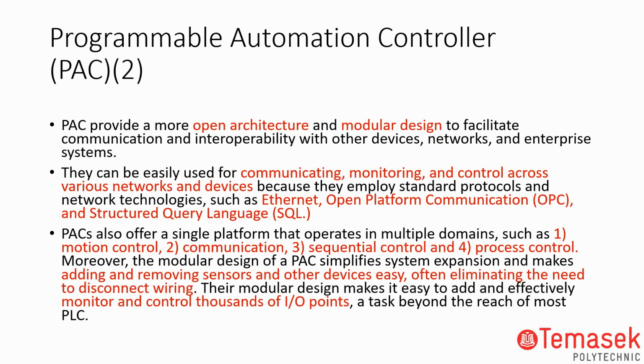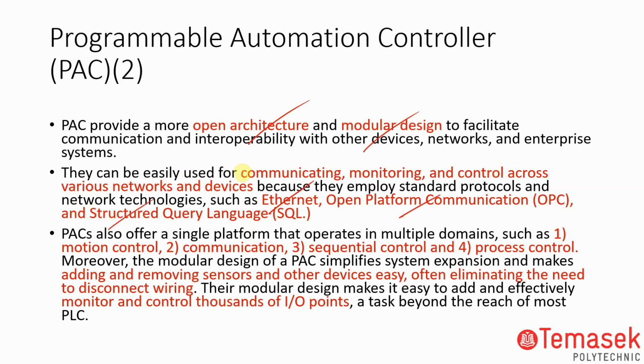So it has an open architecture. It allows you to have a modular design. It's not one whole big block. It allows you to add, which most PLCs today can do. It allows easy communication. It allows you to connect to standard networks like Ethernet, which is TCP/IP again, what we went through last week, and some of the OPC protocol we will go through later, plus databases such as SQL.